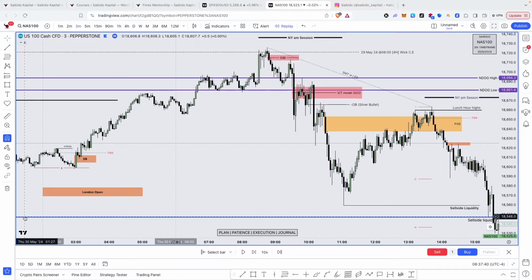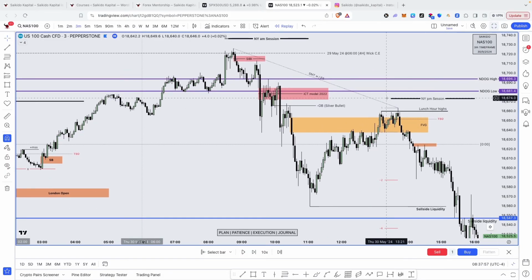Now you look at the morning session from 8:30 to 11, we went all the way down, but we did not reach this target. So now it's like you have three relative equal lows. And then going to the PM session, which is from 1:30 to 4 p.m., you are still mostly bearish. Now you're going to be looking at the lunch hour. The lunch hour begins from 12 to 1:30, right?